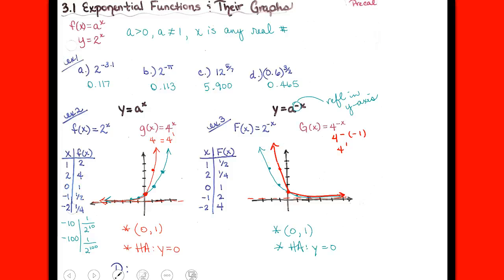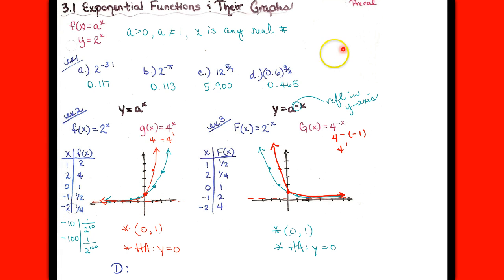All right, so let's talk about the domain and range of our exponential functions. Let's start with domain. If we're looking at our increasing exponential function over here, what is our domain? All real numbers, right? Because if we're thinking about our x values for domain, you can see this is going to -infinity, and this is going to keep going and going.